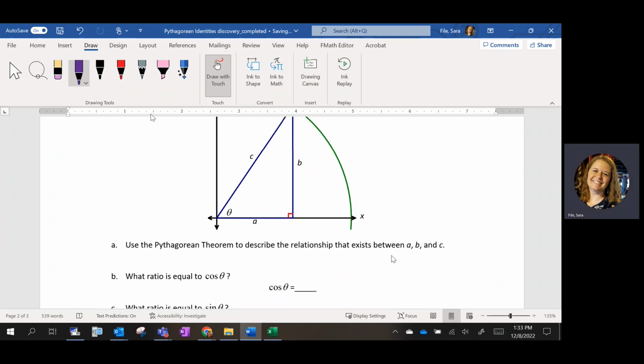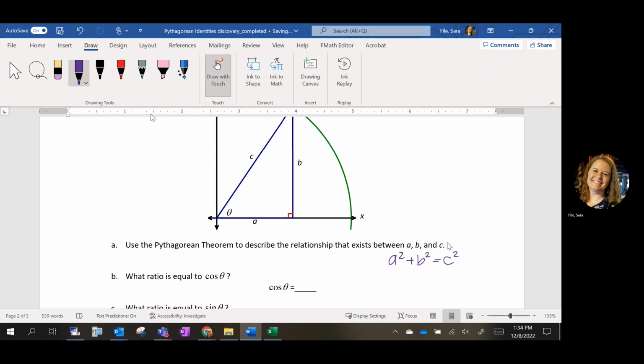A squared plus B squared equals C squared. That's it. It is the Pythagorean theorem. If I had called these X, Y, and R, I could say X squared plus Y squared equals R squared, right? Okay, so this one just happens to be A, B, and C, so it straight up is the Pythagorean theorem.